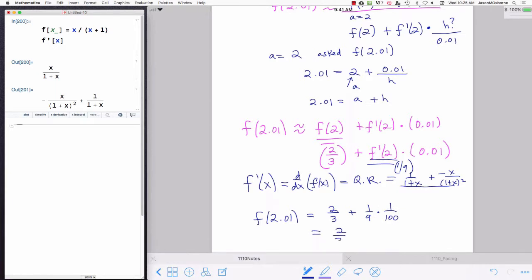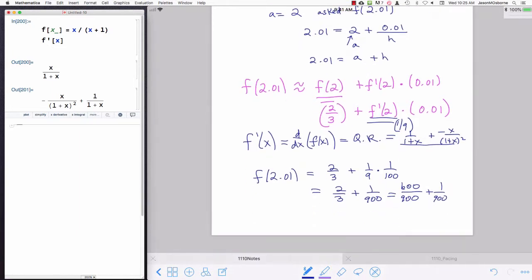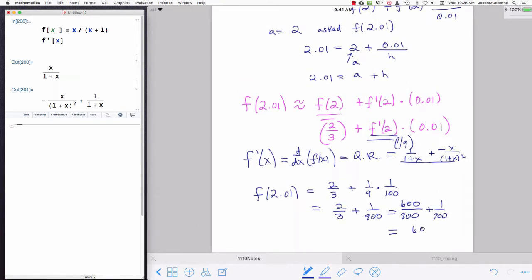So that's 2/3 plus 1 over 900. Common denominator of 900: I need to multiply by 300, so that would be 600 over 900 plus 1 over 900. So the approximate answer is 601 divided by 900.